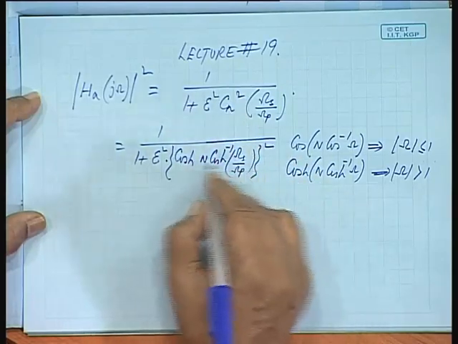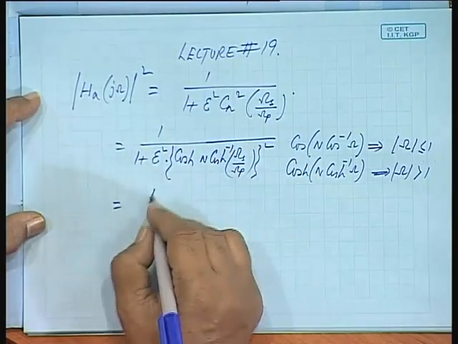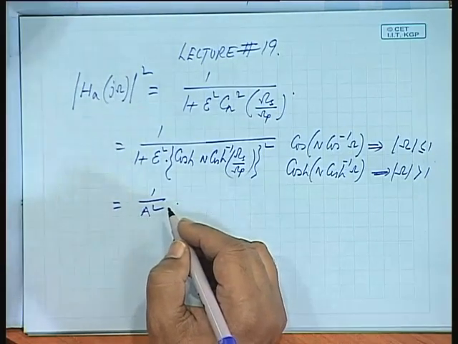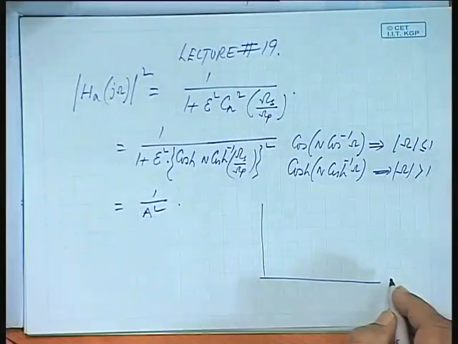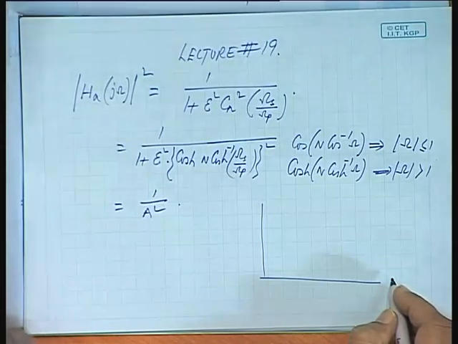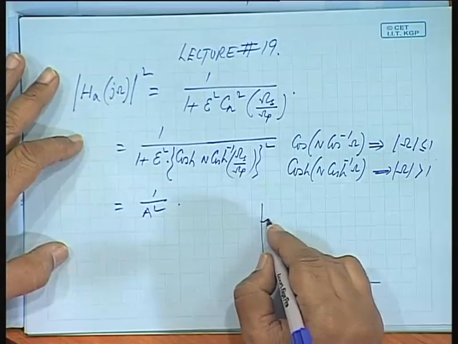Cn squared, where Cn is this, is equal to 1 by S squared, where if you remember we had mentioned in our earlier characteristics the quantities A and epsilon. I will just refer back to the earlier notes.